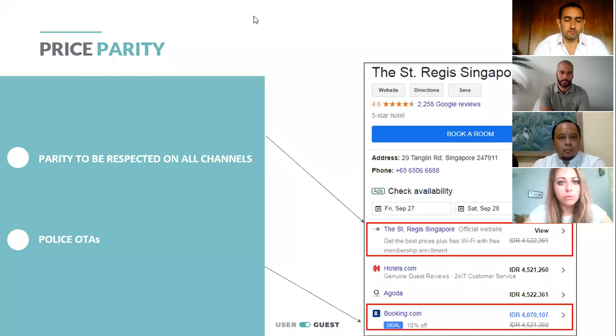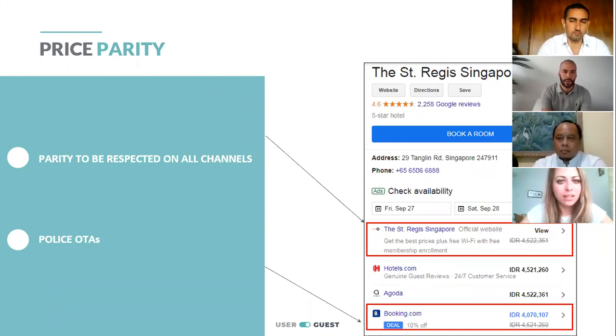Another practice that we've seen from the big groups, and if it's something that you can apply, that would be great, is that they give additional discounts if you register as a member. So this is something that allows them to display even a lower offer than the OTAs, and it's something that has proven to work for them. So it's something that you can consider in your marketing and rate distribution.